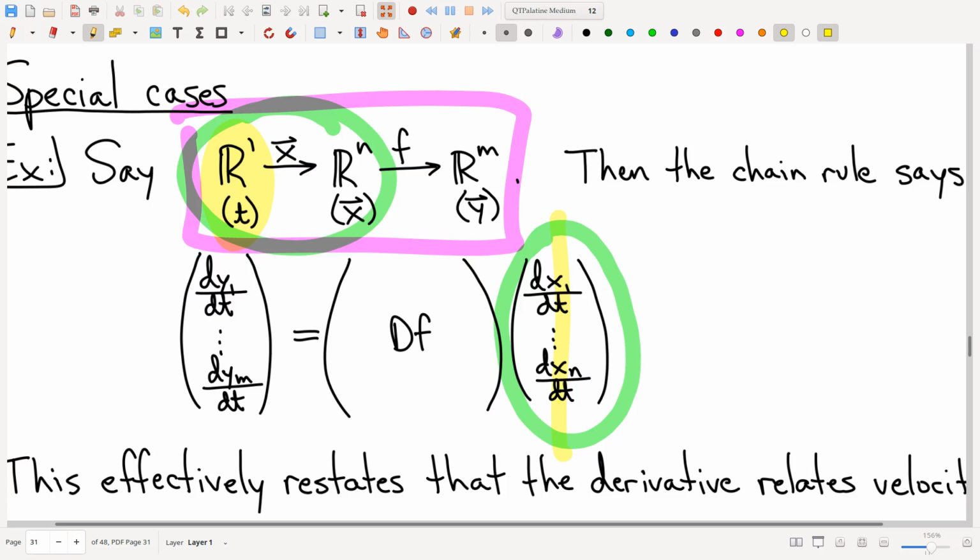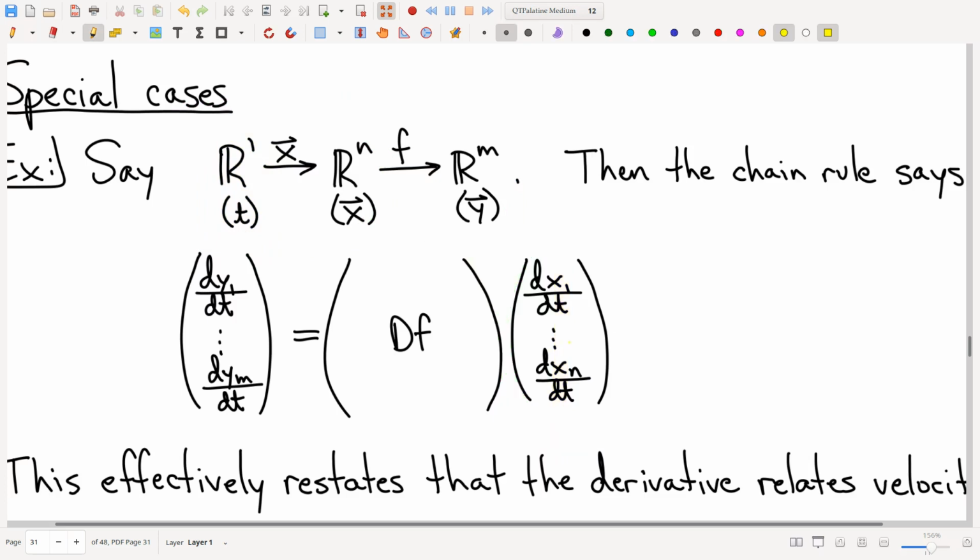A really nice interpretation. You can think of that matrix in this special case, one input variable, as the velocity vector of a parametric curve in Rn. Let me redraw it. This, in fact, is just a velocity vector in Rn.